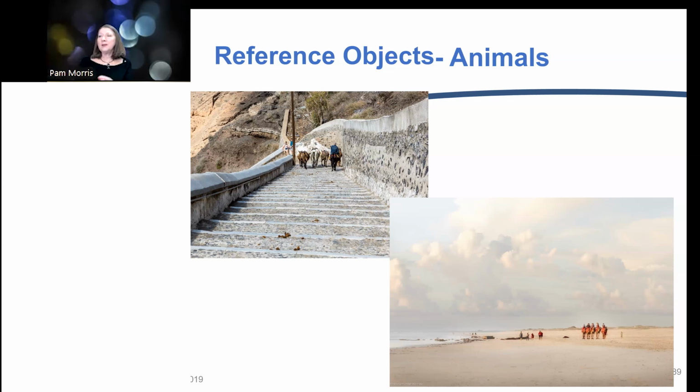You can see in this bottom right-hand one, I was absolutely awed by the size, that the sky was absolutely beautiful, and by the width of the beach. To get that sense of scale and that awe, I needed some reference objects in it. Camels are pretty large animals, but you can see how they're completely overwhelmed by this landscape.